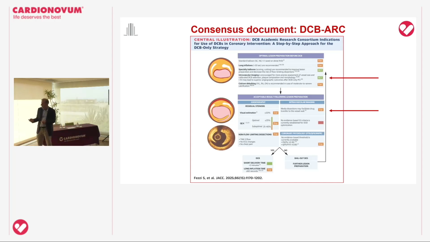But there is no criteria regarding the DCB optimization. So still a lot to do to understand how the intravascular imaging has to deal with the results of the vessel preparation. Good for the preparation of the vessel, not that clear when the vessel is prepared to define a good result or not.